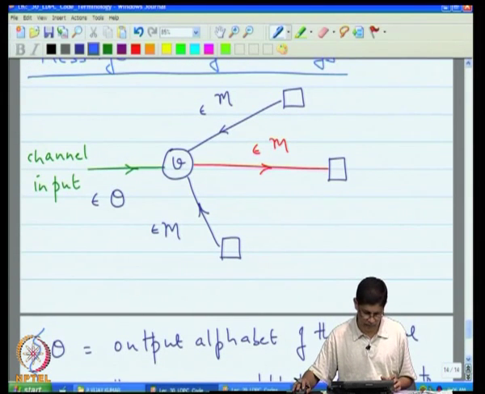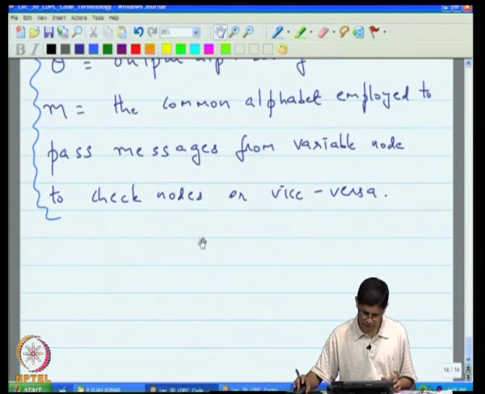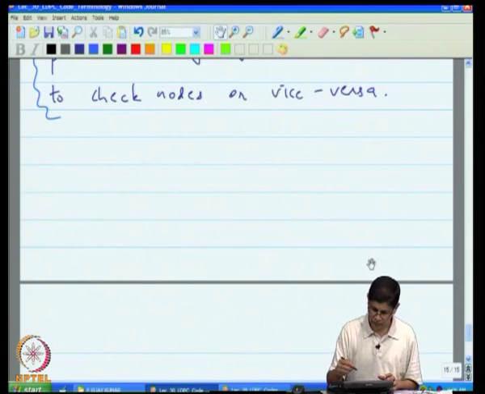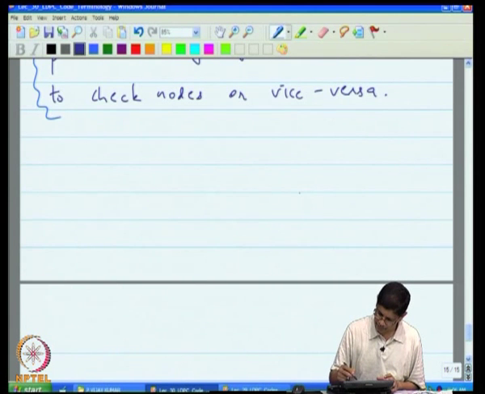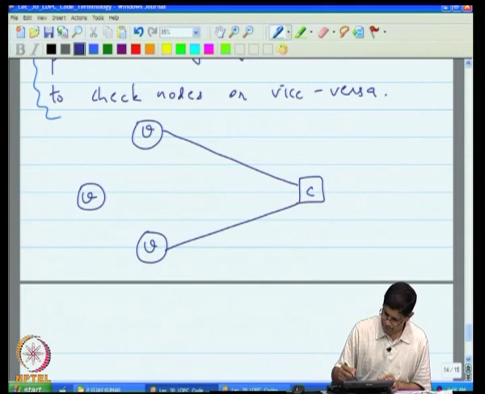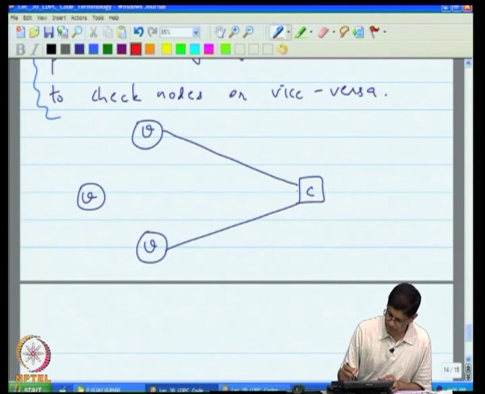So, this diagram was, so to speak, centered around a variable node, but you have a similar picture at a check node. So, at a check node we would have your variable nodes, which are communicating with the check node.